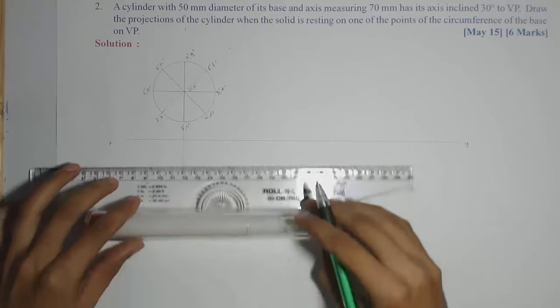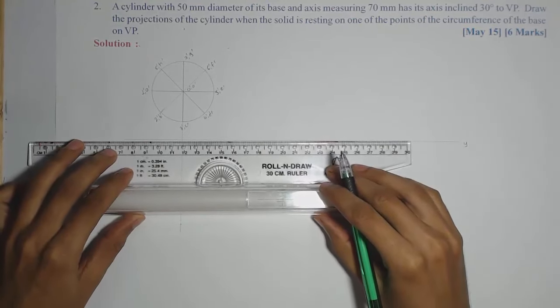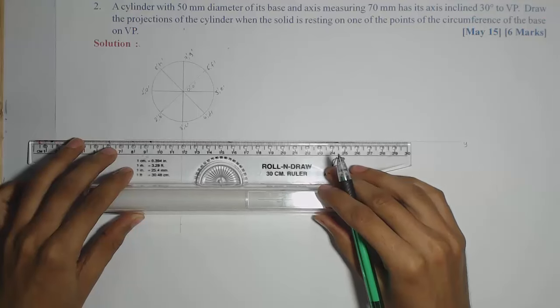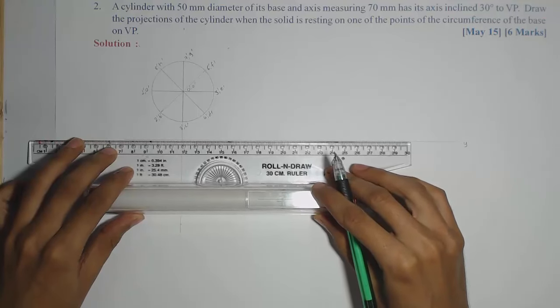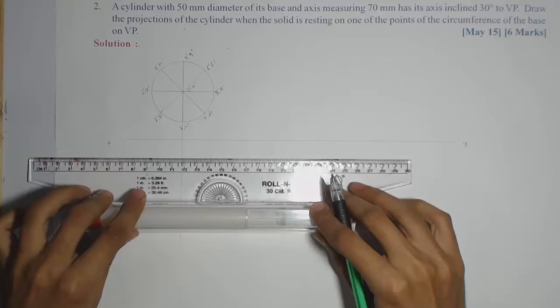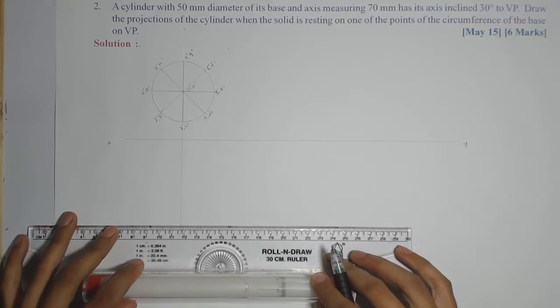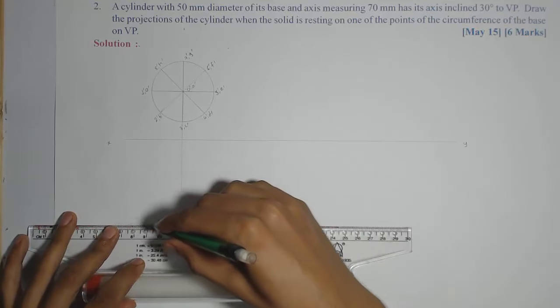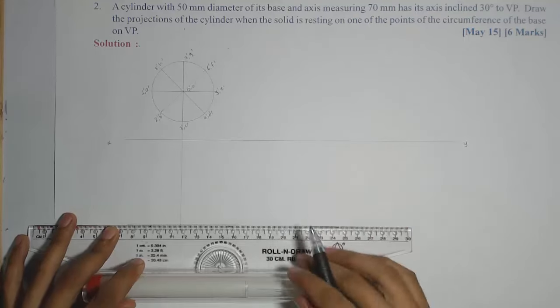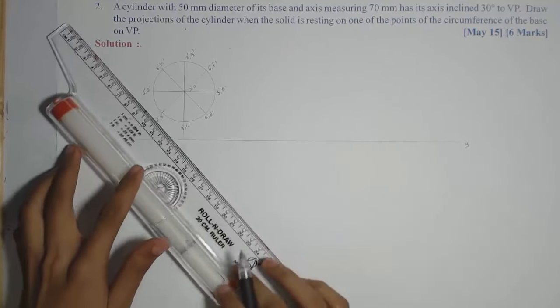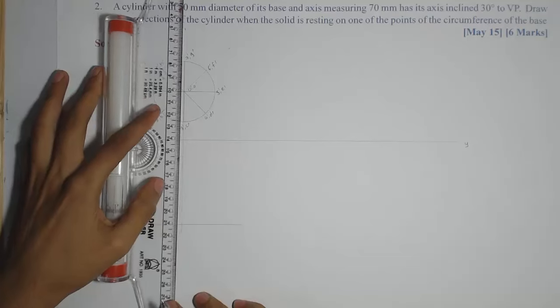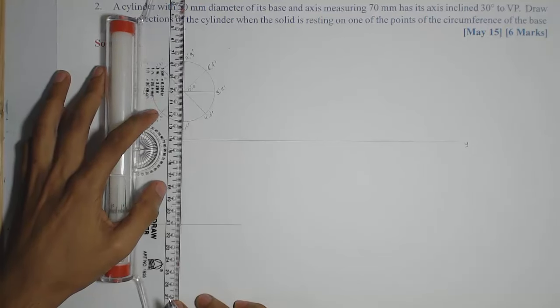Okay. Now I will draw a line parallel to XY at a distance of 70 mm so that I can project the vertical lines from the front view up to this line only. So now we will project vertical lines from each point.